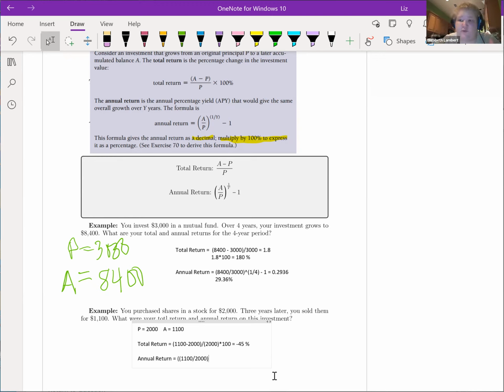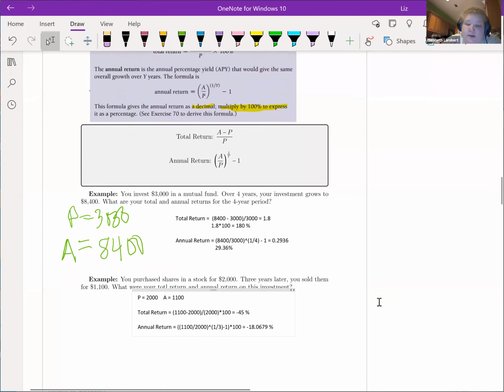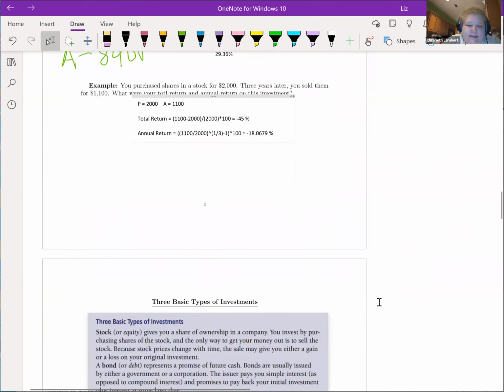And that minus 1 in the formula is where we're going to get that negative value. But we still need that crazy fraction. It was 3 years, so to the 1/3 minus 1. And then I put that extra set of parentheses so I could just calculate to the 100%, the percentage right away. So negative 18.07% annual return on this investment. Not the best investment.